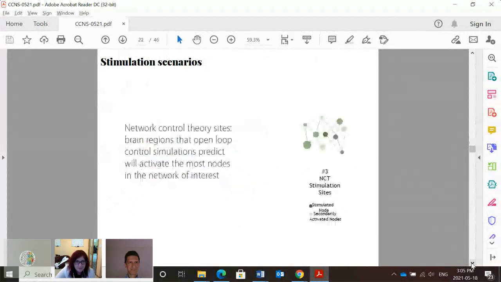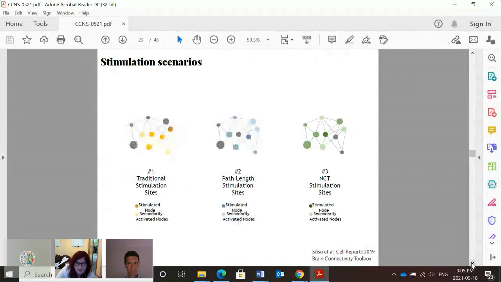And finally, we chose a third stimulation condition of network control theory driven sites. This is where we just run the simulations for open loop control, and we select the stimulation node that is able to create the greatest activation in this particular network.